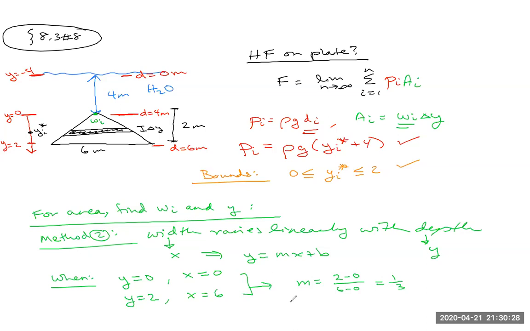Then plug in one of these sets of points to this equation to find out what b should be. So 0 equals 1/3 times 0 plus b. That means b is equal to 0. So y equals 1/3 x. I'm going to save that and erase.